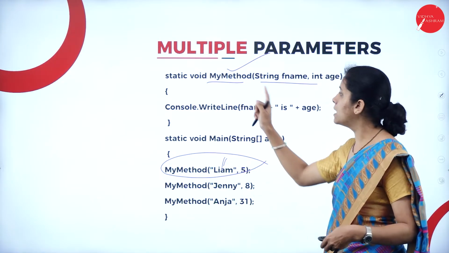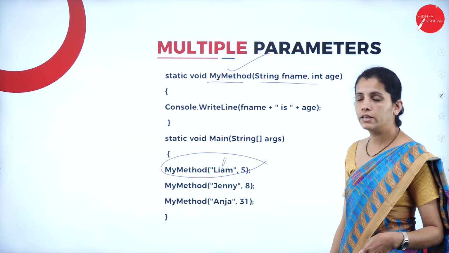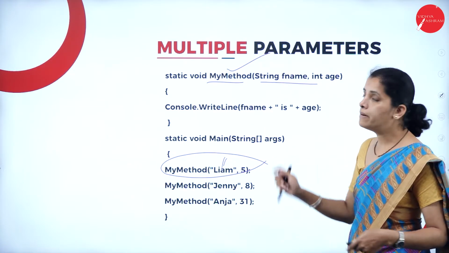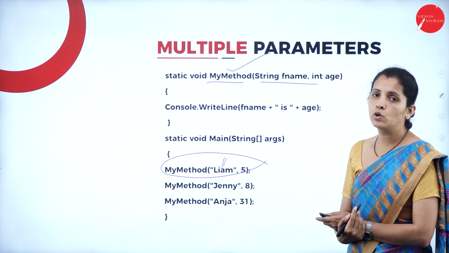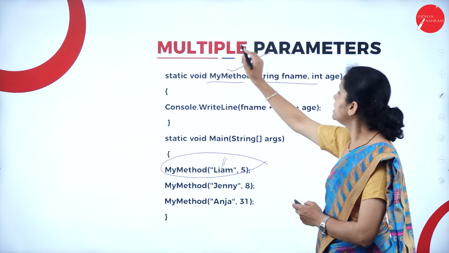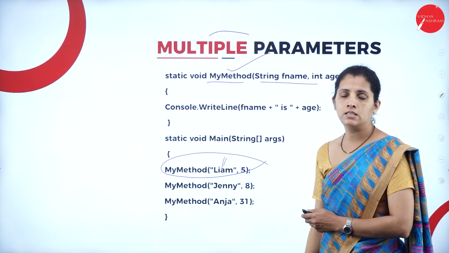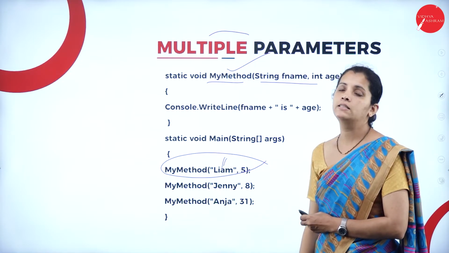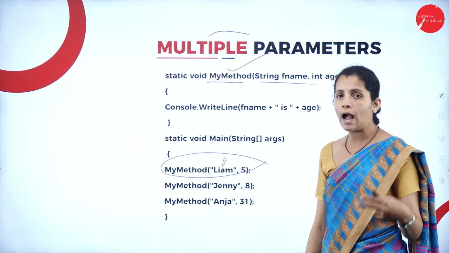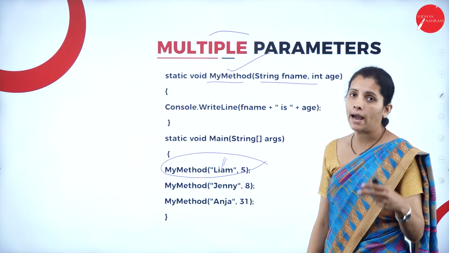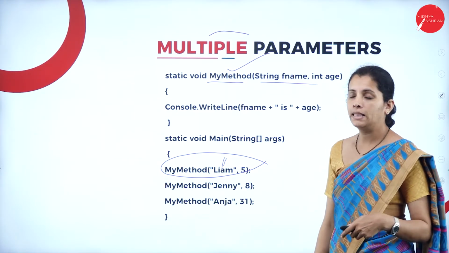For that reason, I'm going to run this method 3 times. So this is the way in C# a method can have multiple parameters. So what is multiple here? That is nothing but more than 2. That means I can have more than 2 parameters in my method.